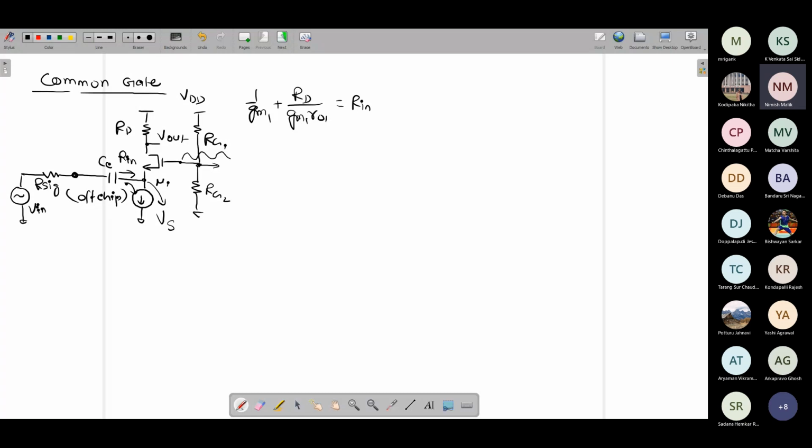Because of the capacitors. Yes, this is called capacitive coupling. You have an effective capacitance between the drain and this gate node, and also a capacitance between the source and this node.